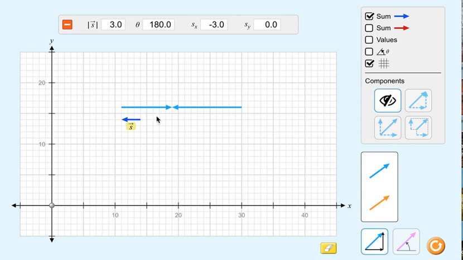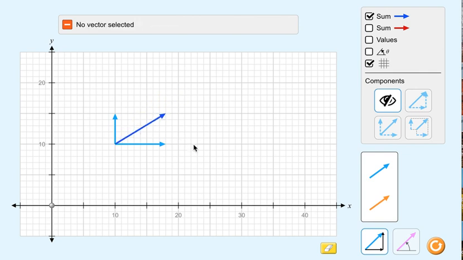Take away this one, because this one's bigger than this one, and so we've got a resultant which is going towards the left, that's that big. Okay, so you can see what I've just done is I have just taken that, and you can see that that's then just going to be the sum of those two forces.